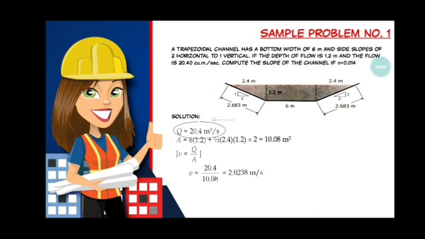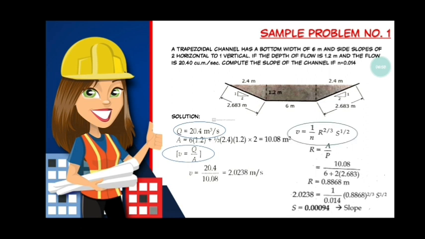Given in the problem, Q is equal to 20.4 cubic meters per second. Get the value of A, which is equal to 10.08. By using the formula V is equal to Q over A, the value of V is 2.0238 meters per second.